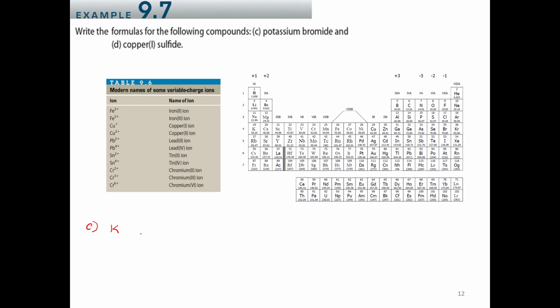Then it will be potassium and then bromine. The next thing we want to check is the charge of each of these ions. In the case of potassium, potassium is in the first column, so it is +1. Bromine is in the 7th column, so bromine is -1.